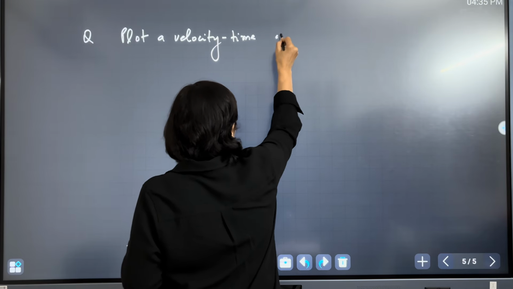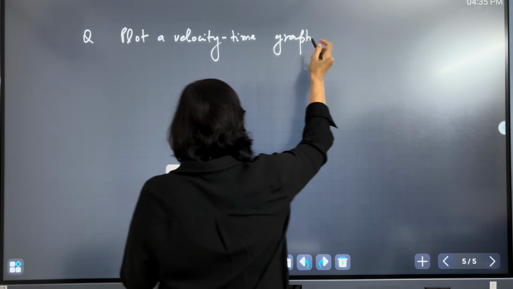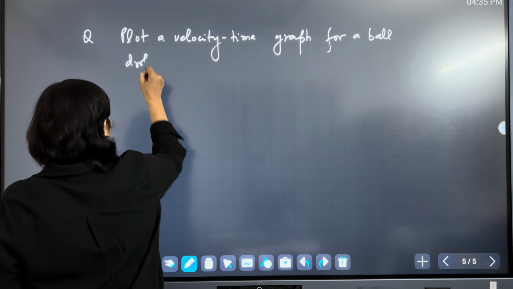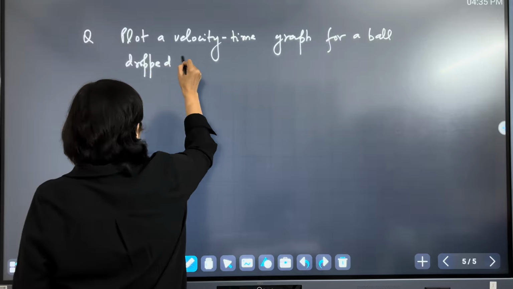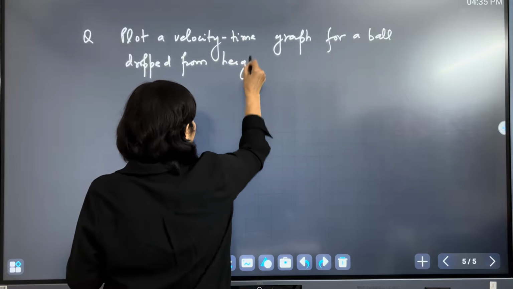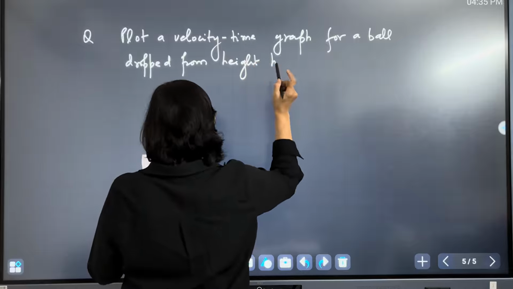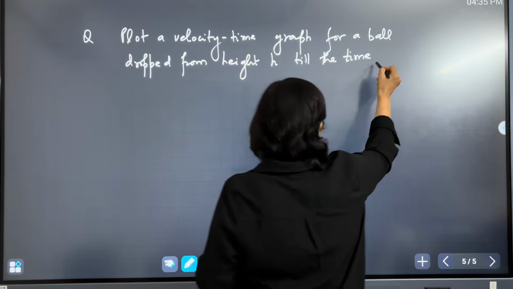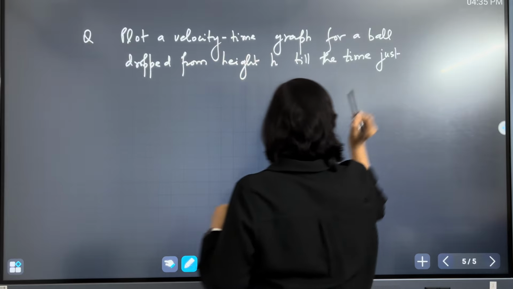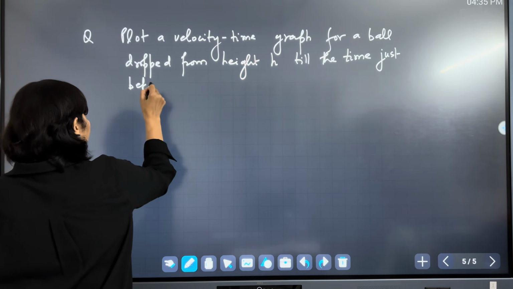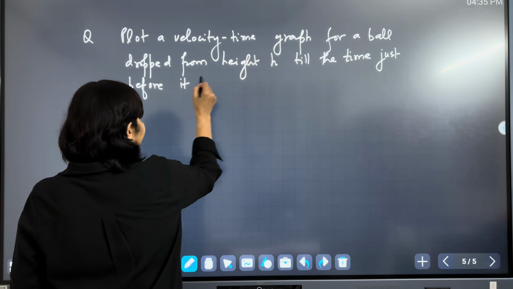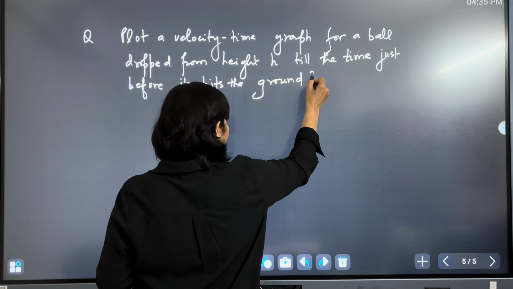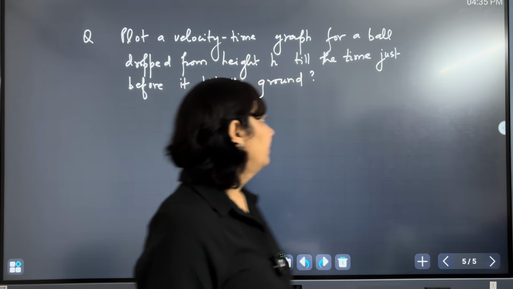Velocity time graph for a ball dropped from height h till the time just before it hits the ground. Okay, so we will talk more about the vertical motion, okay, after some time.